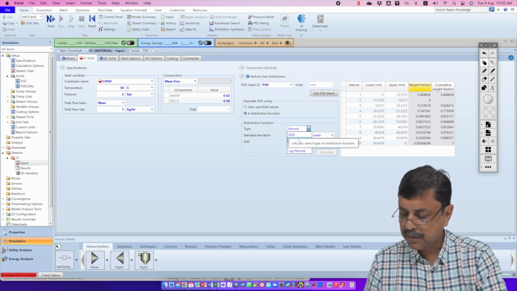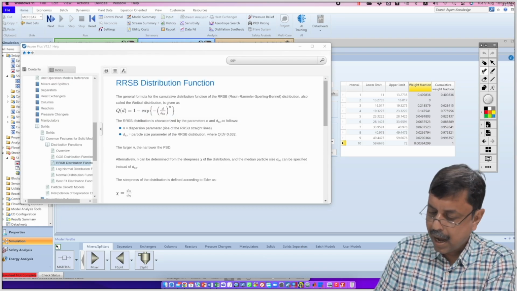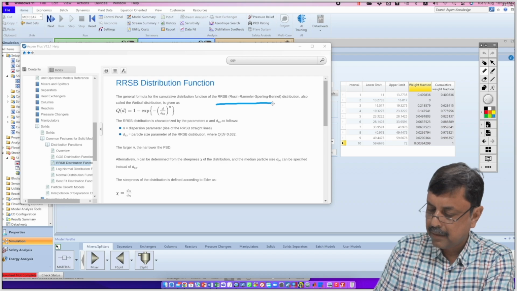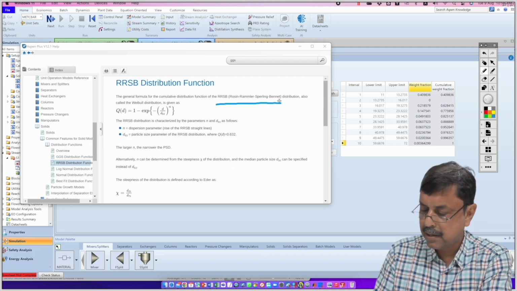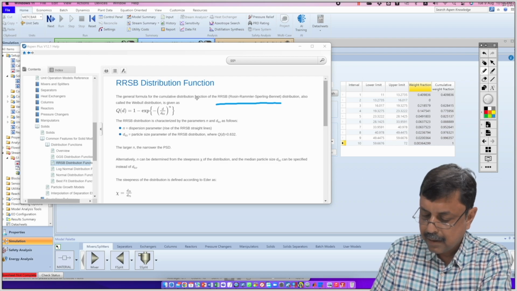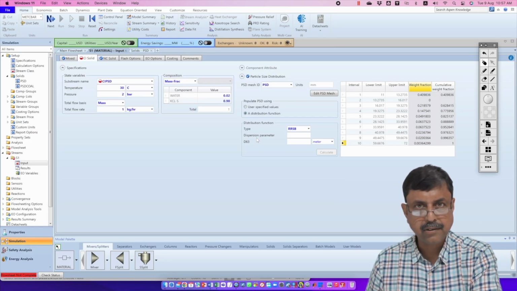So the other distribution function is RRSB. Now what is RRSB? RRSB is the Rosin-Rammler-Sperling-Bennett distribution function. Okay, and it is also called Weibull distribution. So you have to specify the dispersion parameter n and d63 as described over here.